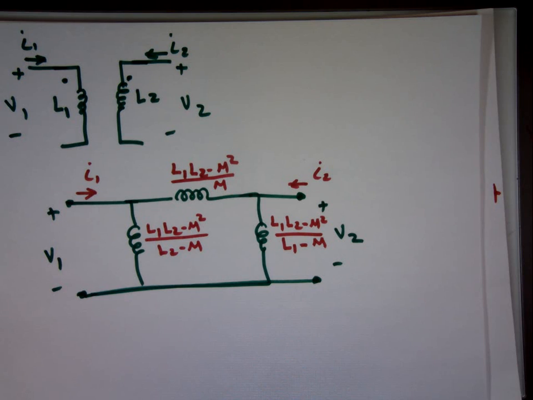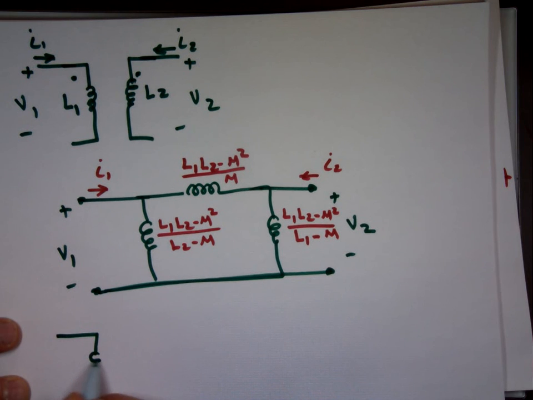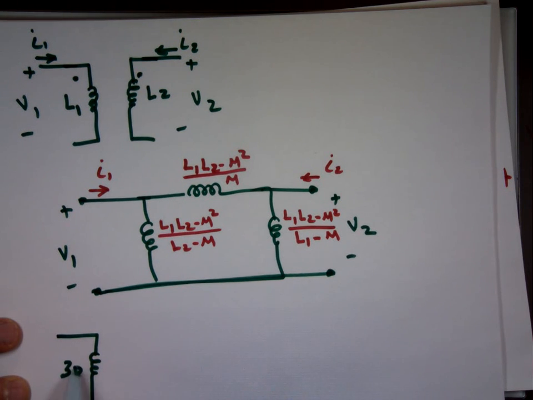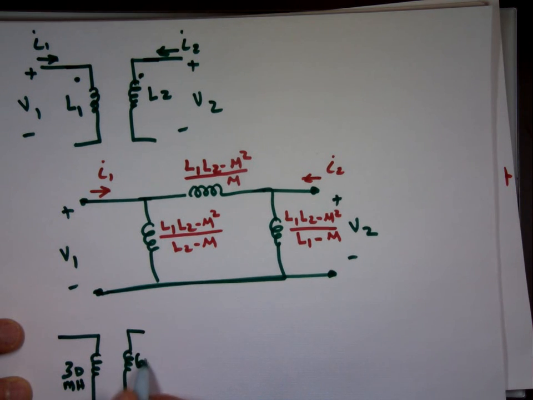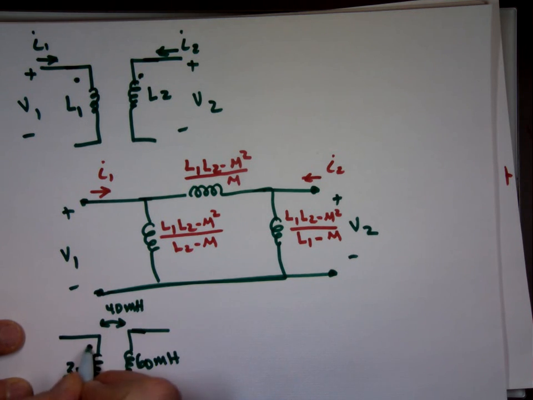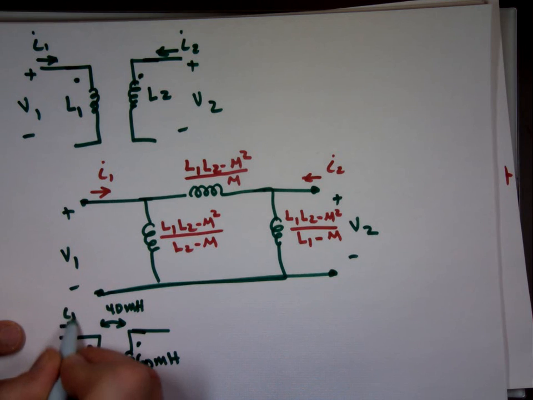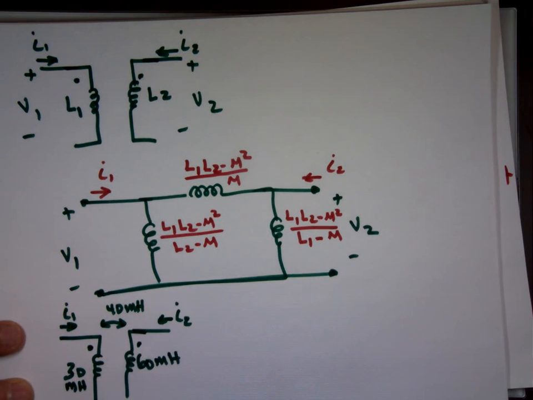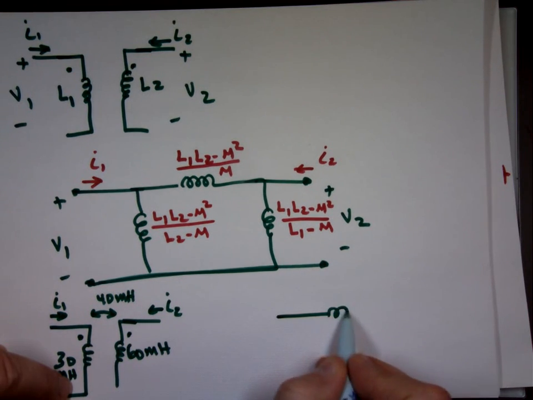So an example, let's take the previous one we just did. We had 30, 40, and 30, 60, and 40. 30, all millihenry. 60 millihenry. And 40 millihenry. I'm going to replace that with, I need a calculator here.